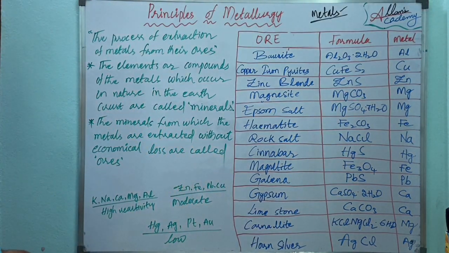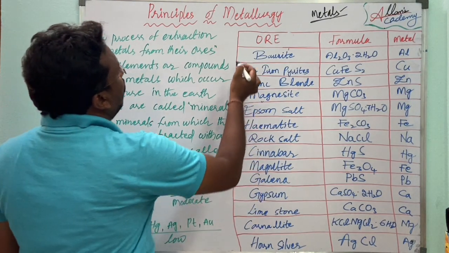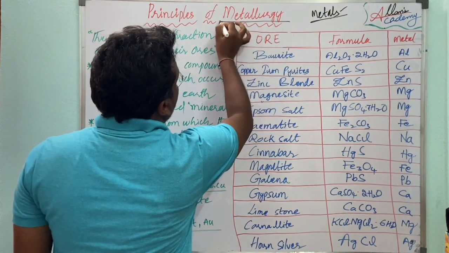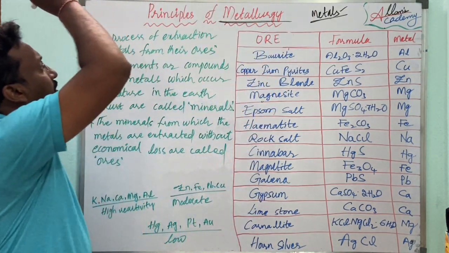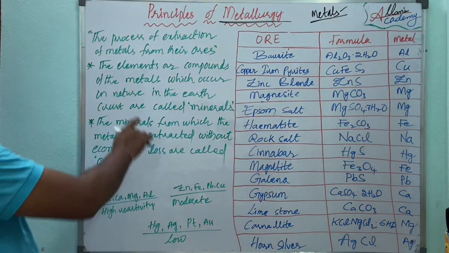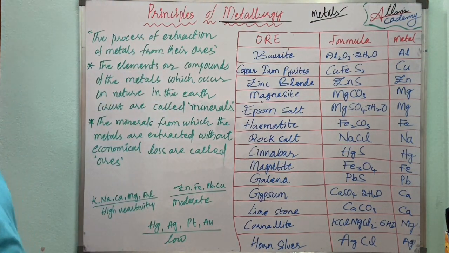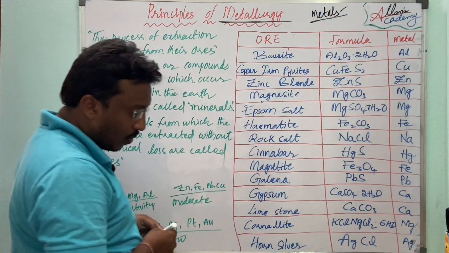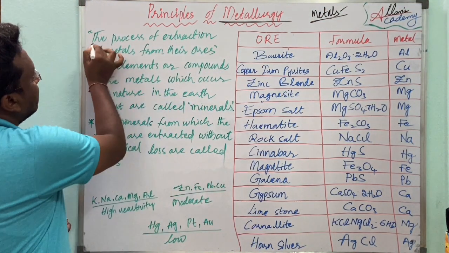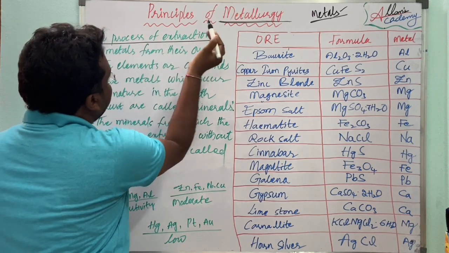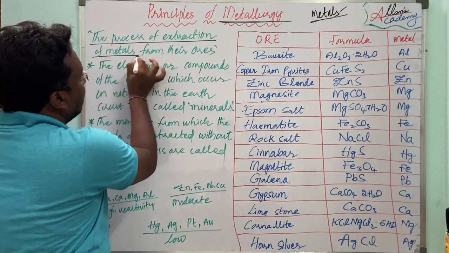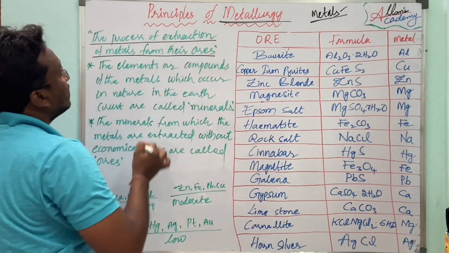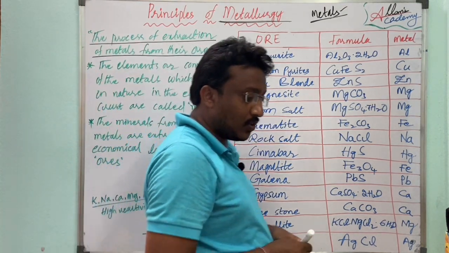Then what actually is metallurgy? Metallurgy means the process of extraction of metals from their ores. The process of extraction of metals from their ores is called metallurgy.